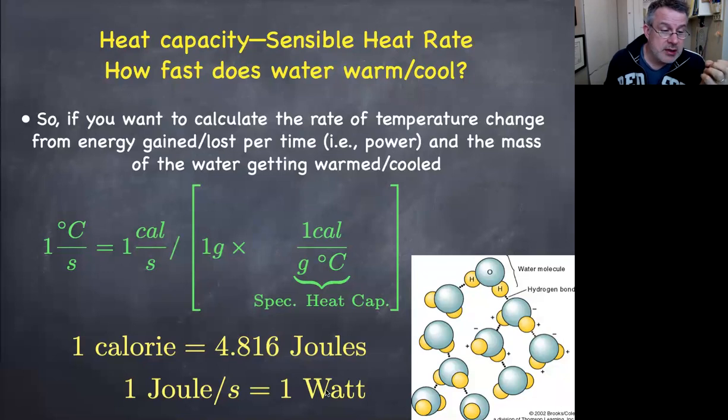A watt is a joule per second, and 4.186 joules is a calorie. So a calorie is a convenient unit for water because it's defined to be 1 when we're talking about liquid water. But actually what we should think of is that 4.186 joules of energy are required to warm 1 gram of water by 1 degree Celsius.